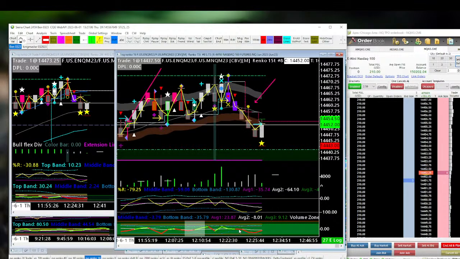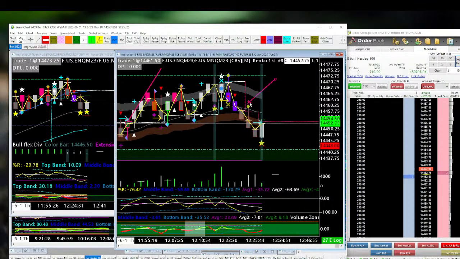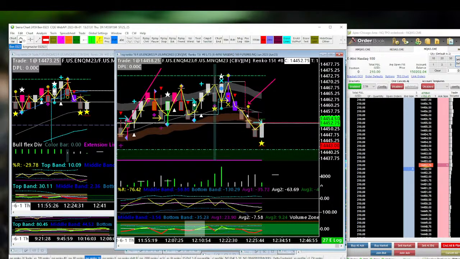So if you look at the indicators, price just dropped, but look how volume tried to hold for a little bit and then dropped. That's what this says. It says there's divergence between price and who's doing most of the volume. Is it mostly on the bid or on the ask?